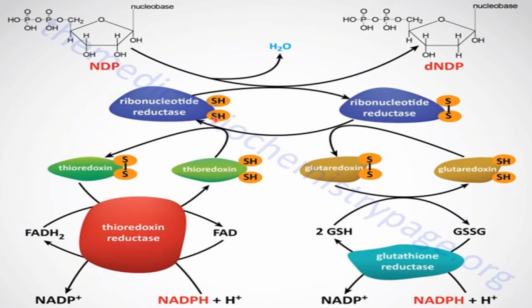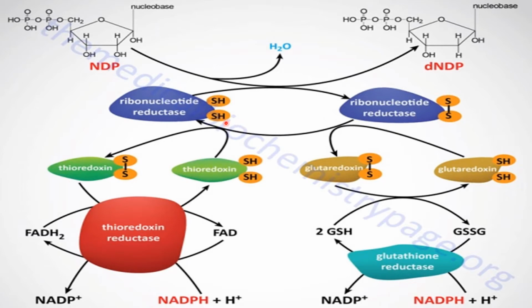The two SH groups from the enzyme donate two hydrogen atoms which combine with the oxygen of the ribose carbon 2 hydroxyl group to form water, and it is reduced to deoxynucleotide diphosphate.